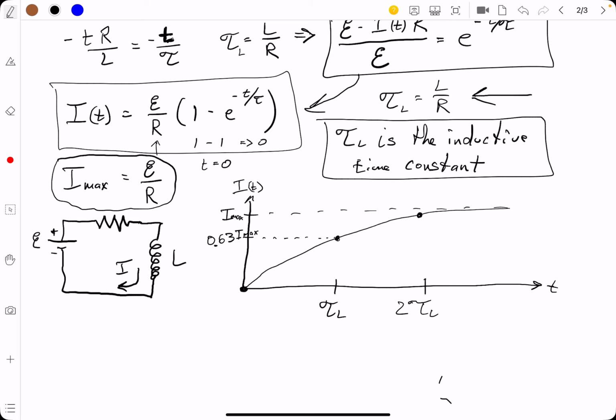Eventually, we're going to have current where the inductor doesn't slow the current down at all, okay?